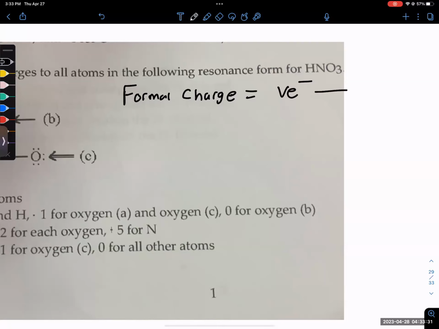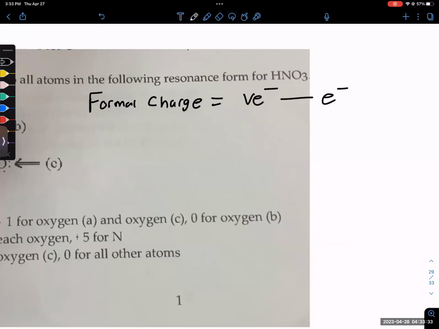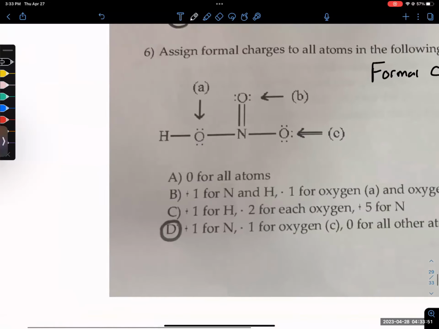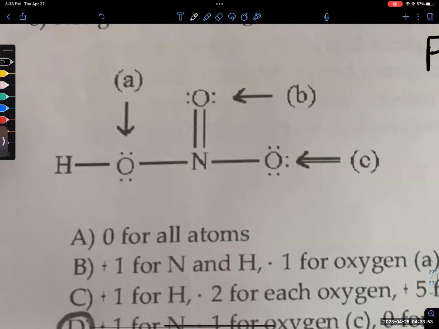And then we subtract from that the unbonded electrons. It's a weird formula, but I just say the electrons it has in that specific scenario. So in this specific scenario, how many electrons does oxygen own on the very right?